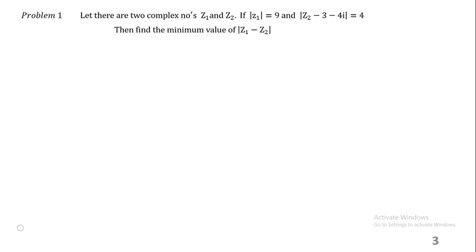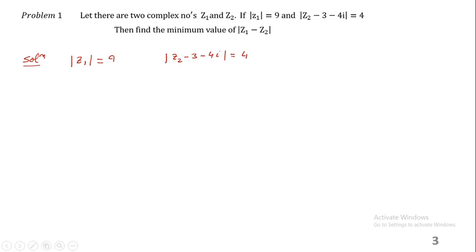This is our question. Okay, so let me start the solution. It is given that the magnitude of z1 is 9. Another piece of information given to us is that the magnitude of z2 minus (3 minus 4i) is 4.